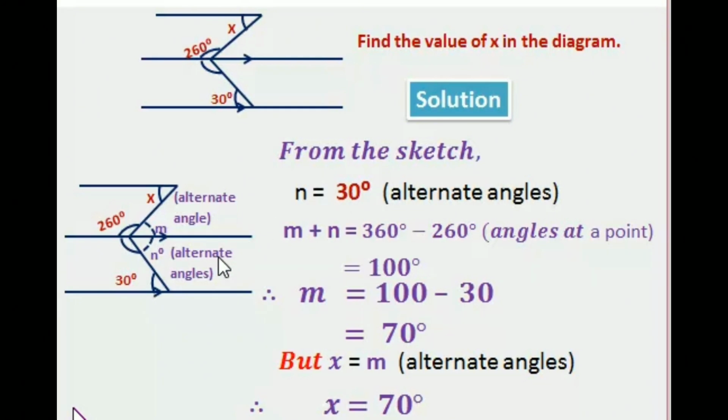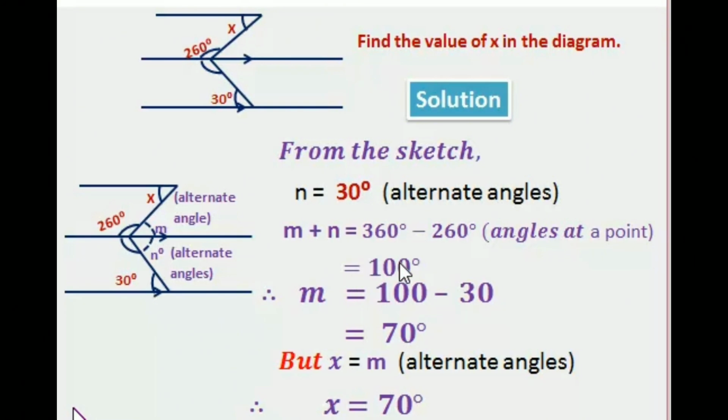Now, M plus N is equal to 360 degrees minus 260 degrees. The total angle here is 360 degrees, but only this place is 260 degrees. So M plus N is 100 degrees.